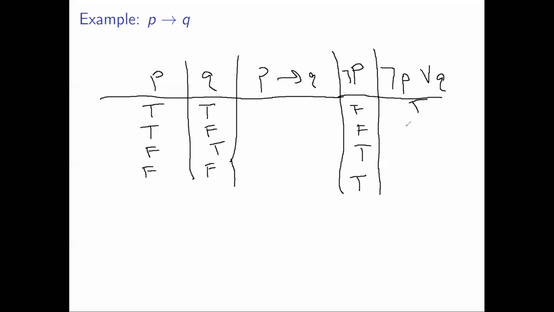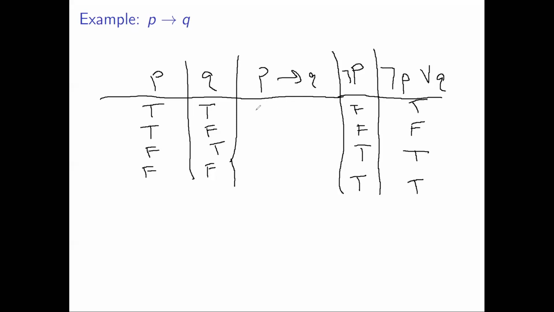Second row, not P is false, Q is false, so the disjunction is going to be false. Third row, not P is true, and Q is true, so the disjunction is true. Fourth row, not P is true, Q is false, the disjunction is still true, because at least one of the disjuncts is true.